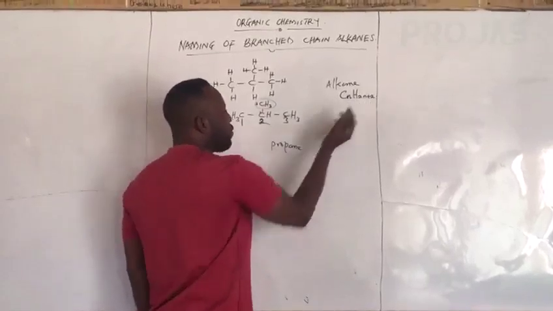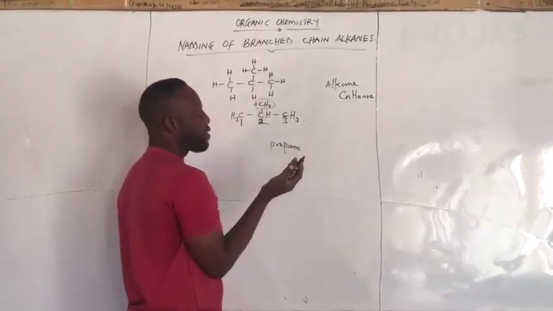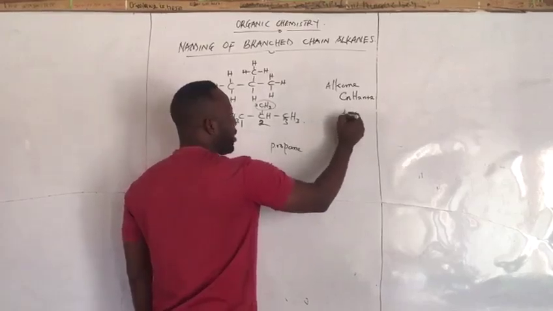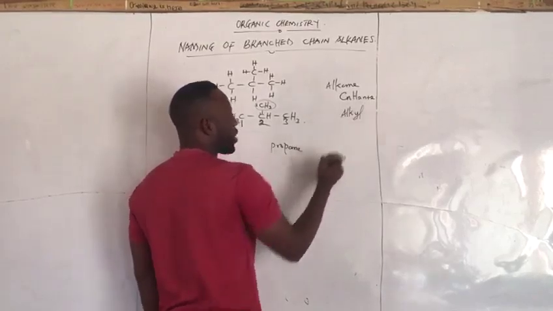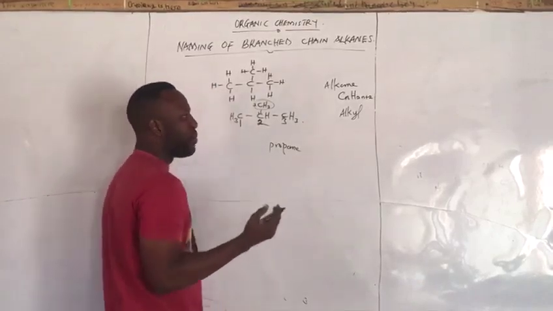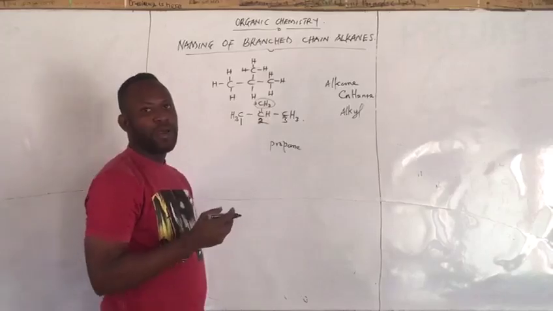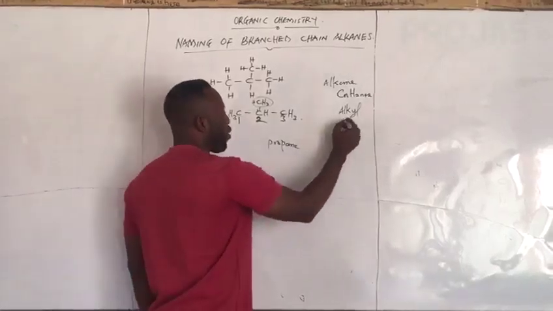But by the time you remove one hydrogen atom from an alkane, it becomes an alkyl. Alkyl is formed by removing one hydrogen atom from alkanes. And this one becomes CnH2n+1.